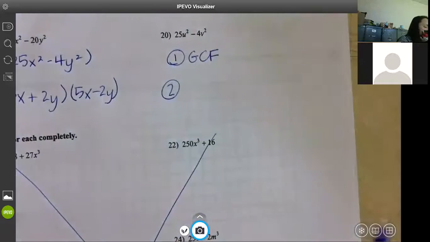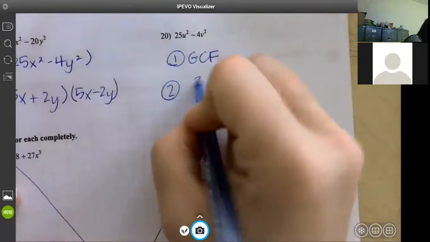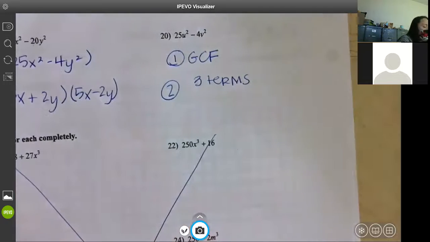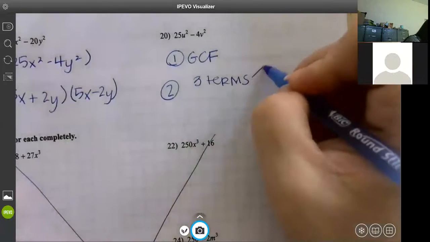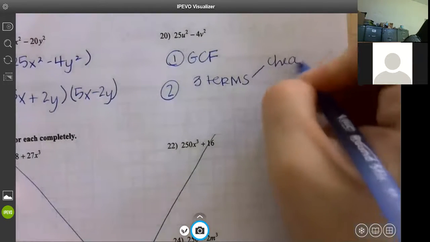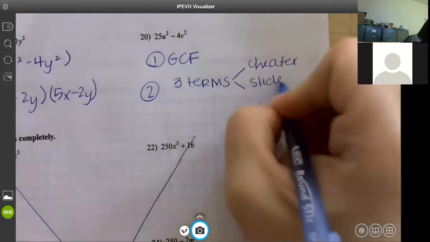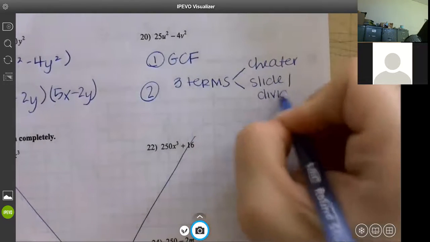Your second step, if it's 3 terms, you're doing what I call the cheater method, or slide and divide, which you learned today.